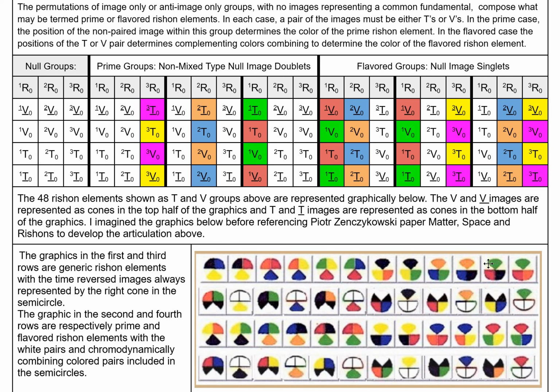So all the cones in the top half of the graphics are always V and anti-V images, whereas the T and anti-T images are represented as cones in the bottom half of the graphics. So these in the bottom half are T and anti-T's.